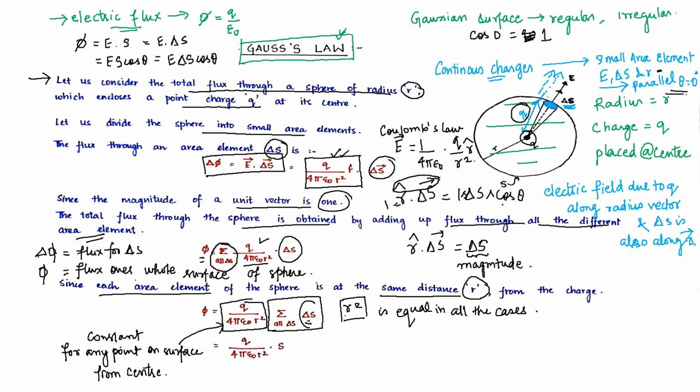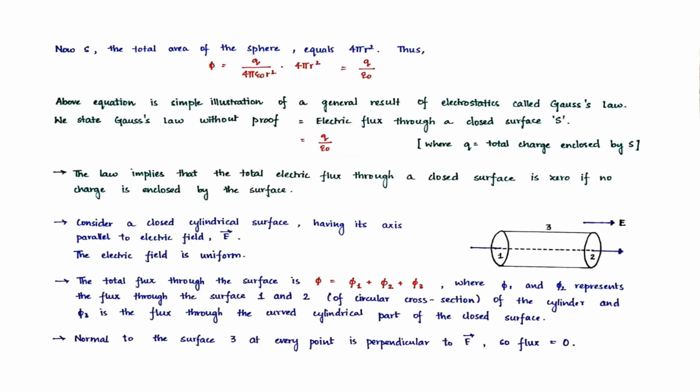Now after summing up, this area becomes only S, and this value comes as such downwards. So xi, the total flux on the sphere, equals Q by 4 pi epsilon naught R square into S. Now S is the total area of the sphere.